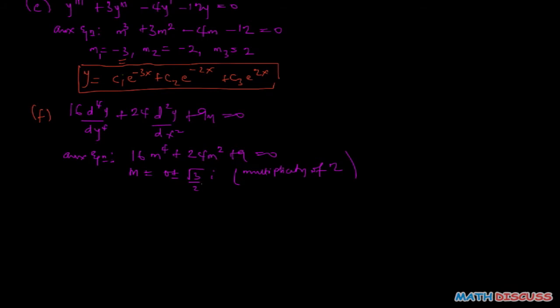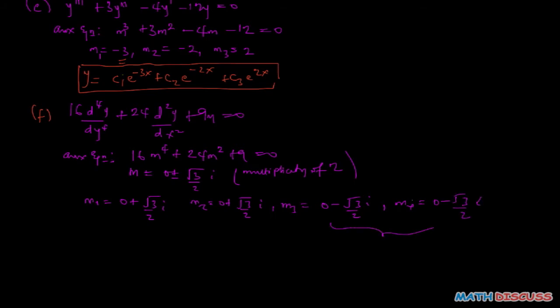The first one is m1 equals, I'm writing 0 just for clarity's sake, 0 plus root 3 all over 2i. Then m2 equals 0 plus root 3 all over 2i, m3 equals 0 minus root 3 all over 2i, and m4 equals 0 minus root 3 all over 2i. So these two repeated themselves, so they have a multiplicity of 2, and these two also have a multiplicity of 2.